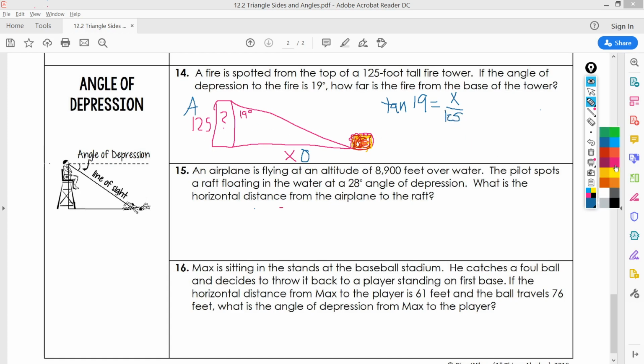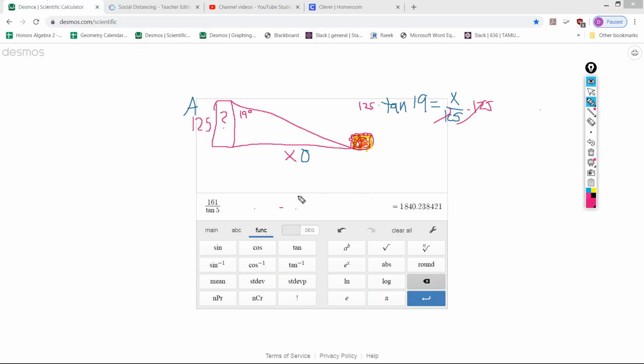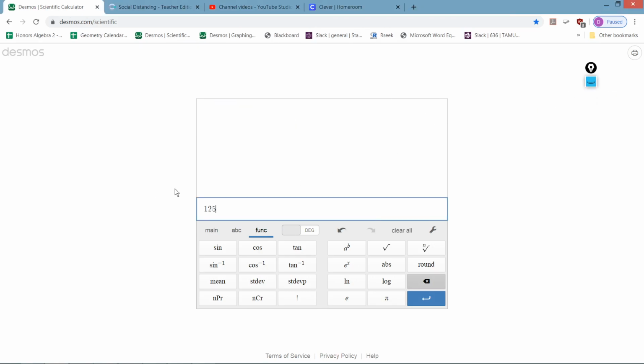Multiply both sides by 125, and so I just get X is equal to 125 times tangent of 19, right? Because these cancel. Can I leave out the times? Yeah, you can leave out the times on Desmos. Don't do it though. It's bad.